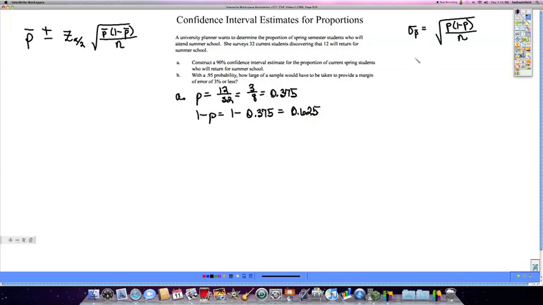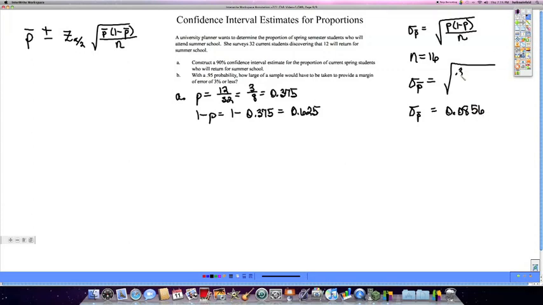We put all of these values into our formula, with n being 32, and found that our standard error of the proportion was 0.0856.